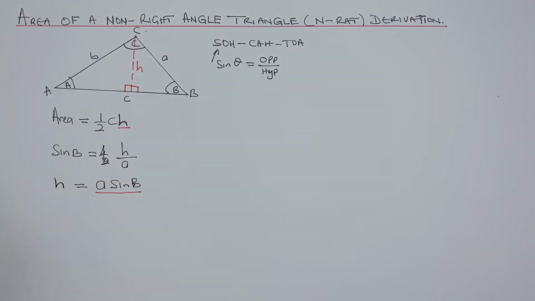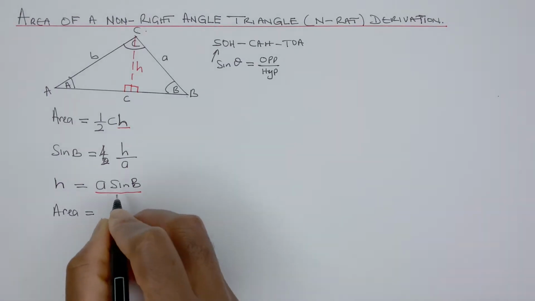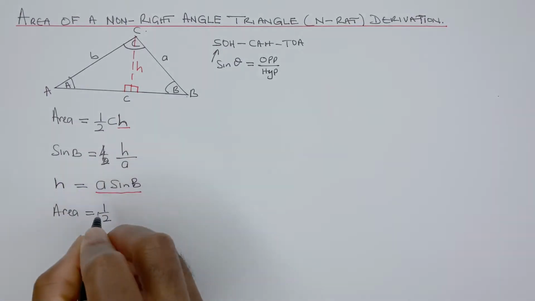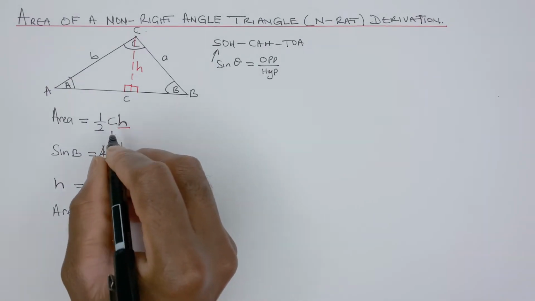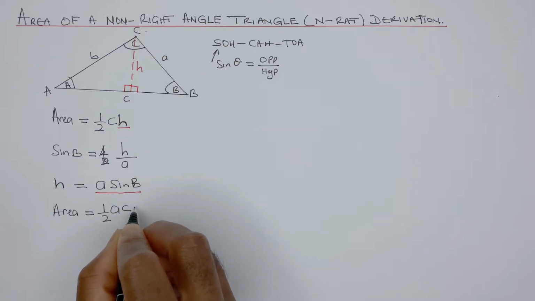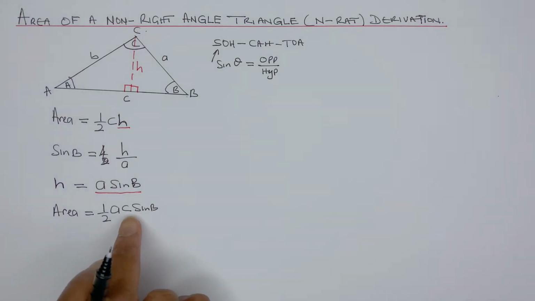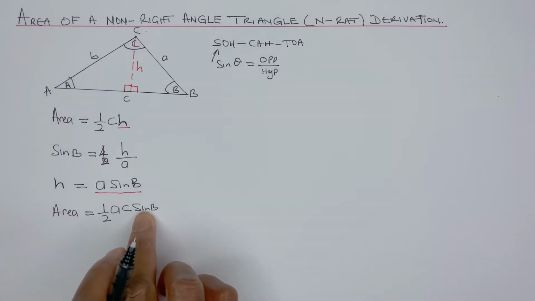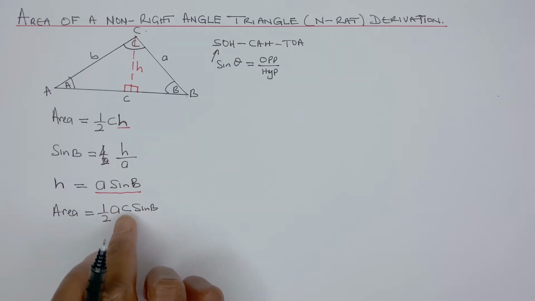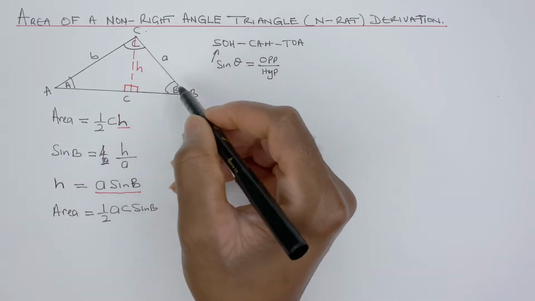So the area would then become a half, and A comes before C, so I'll write A first alphabetically, a c sine B. Now you can see the letters. You always have the three letters involved in the area definition, and the angle always involves the two sides to the angle. So you can see B has a and c, which are the two sides to angle B.